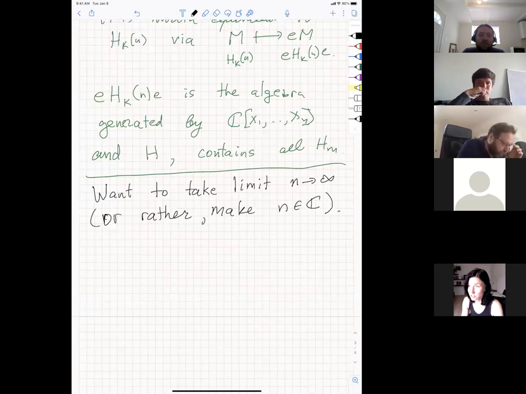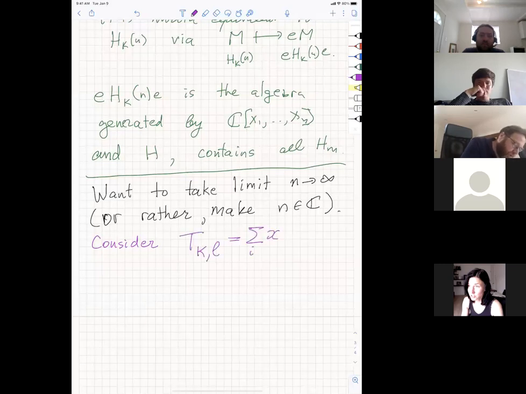And for this purpose, what you can do is you can consider the elements, let me call them T_{k,l}, which is the summation over i of x_i to the k times y_i to the l, and i is going to be from 1 to n.